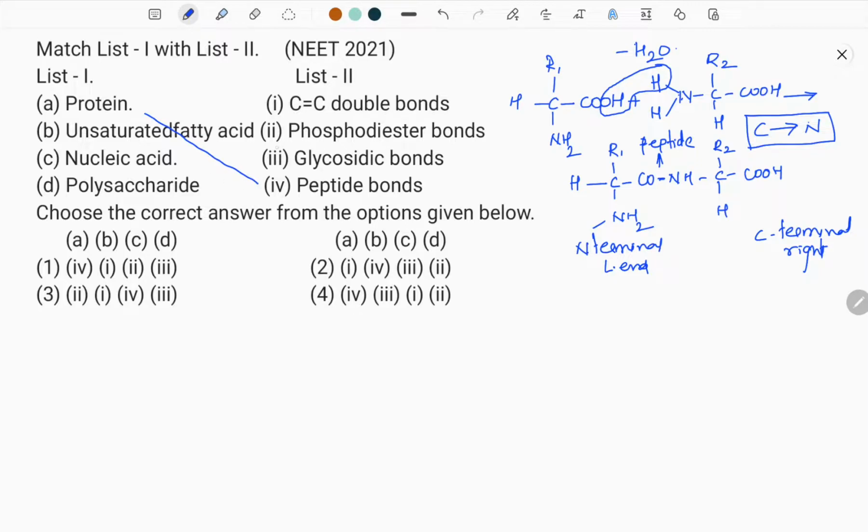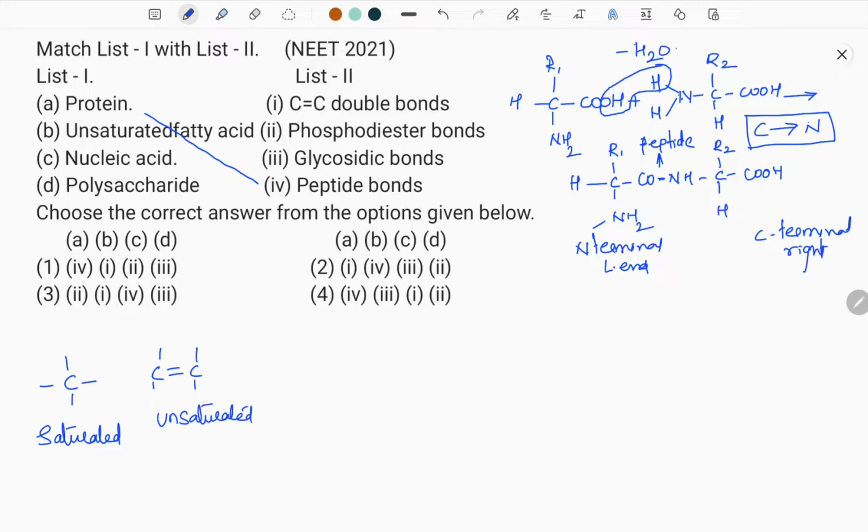Next, unsaturated fatty acids. Saturated, unsaturated, we have a very familiar term in organic chemistry as far as carbon is concerned. When carbon has 4 single bonds, it is said to be saturated, and when carbon has a double bond like this, it is called unsaturated.